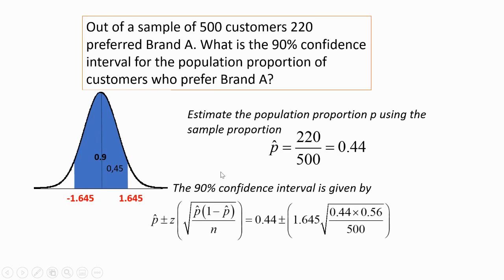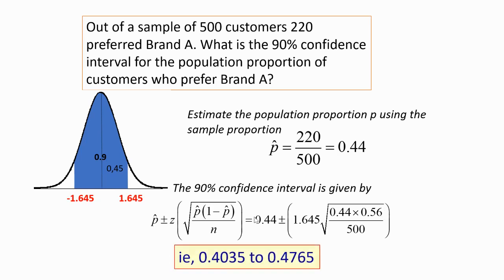So to work out our solution, we're going to go 0.44 plus or minus, and we're going to work out the solution. Okay, so we're going to get an interval of 0.4 to 0.48-ish or so, and we are 90% confident. So that's not such a big interval for what the data that we're dealing with is. It's a 90% confidence interval. So we're 90% sure that the true proportion lies between that value and that value.